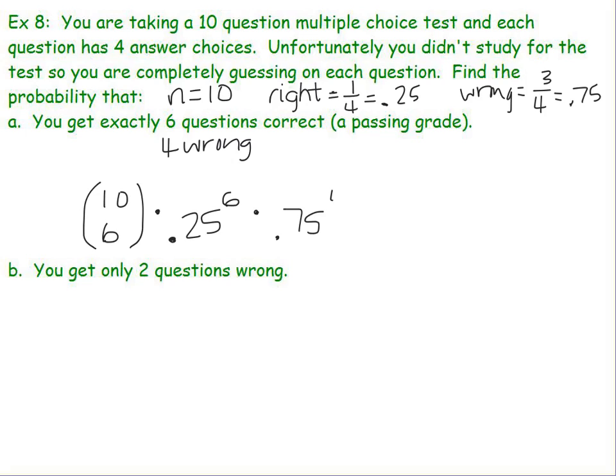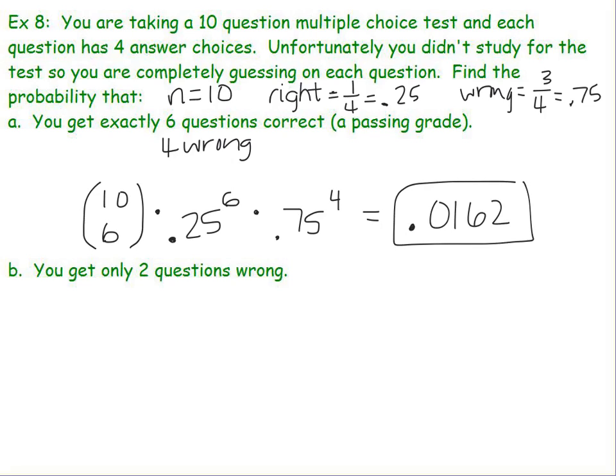And there are 4 wrong ones. And so take a second, type in your calculator, pause the video so that you have a chance to type it in, and let's see if you get the right answer. I ended up with 0.0162. So hopefully you got that answer.